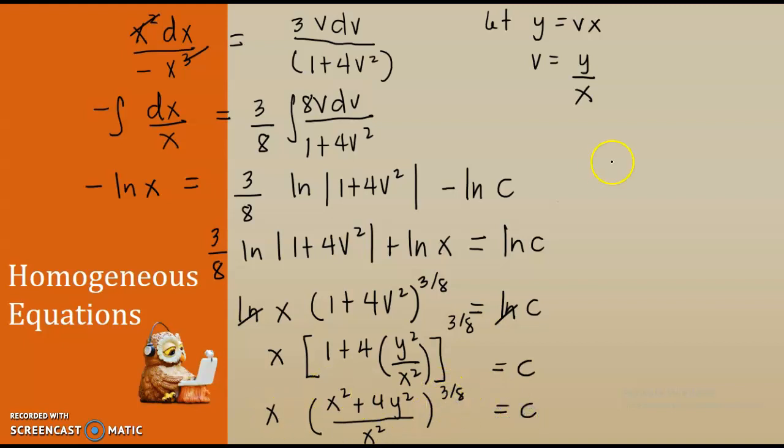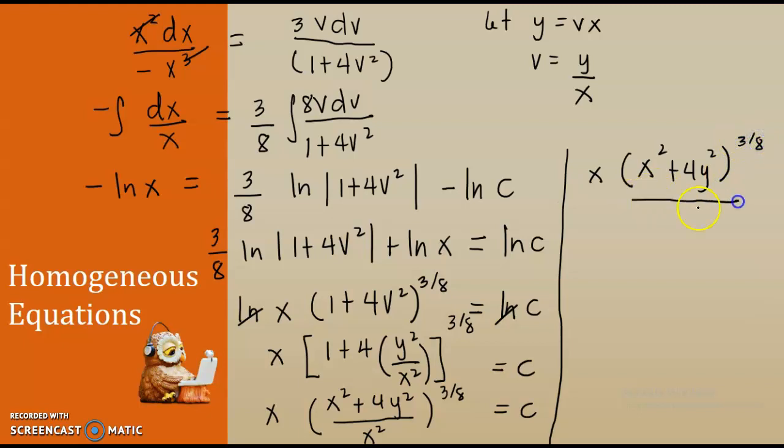Simplify muna natin para masimplify natin yung nasa labas. Therefore, this one is x times x squared plus 4y squared raised to 3 over 8 all over x raised to 6 over 8 is 3 over 4.